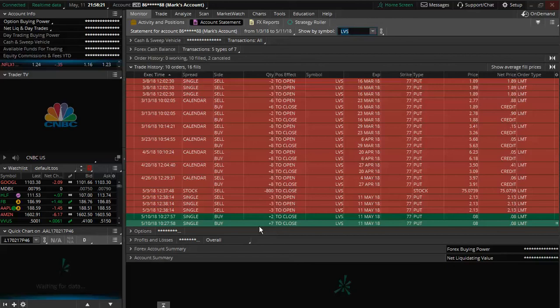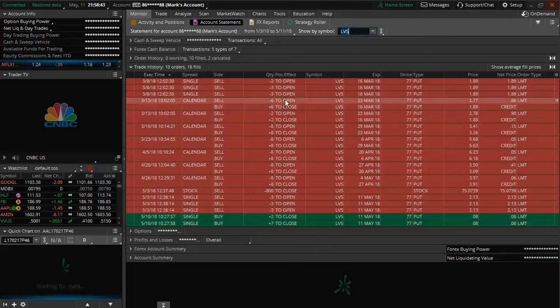All you're really doing is extending yourself out for 1 week in my case, because I always do these a week at a time. So that's why you never see a close, even though technically I am closing. If you look at this first roll that I had to do, it shows a close and then an open.